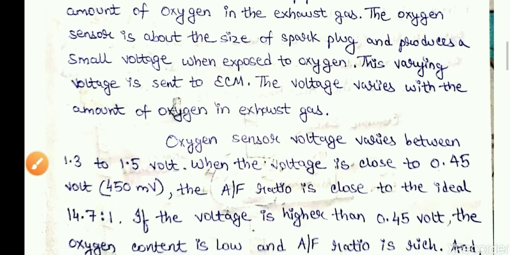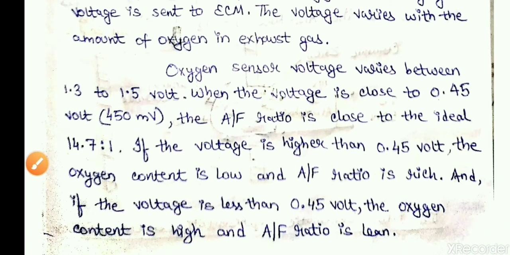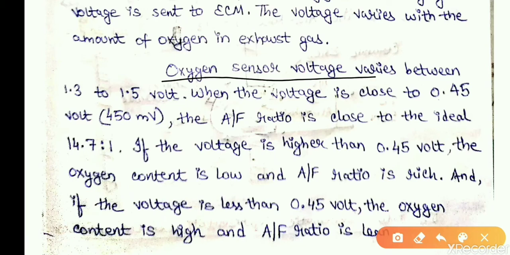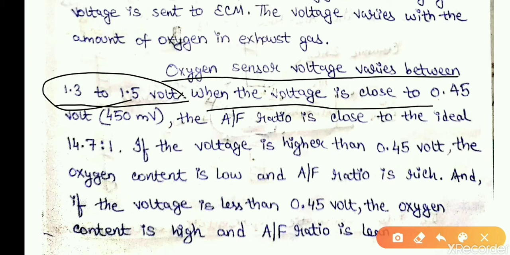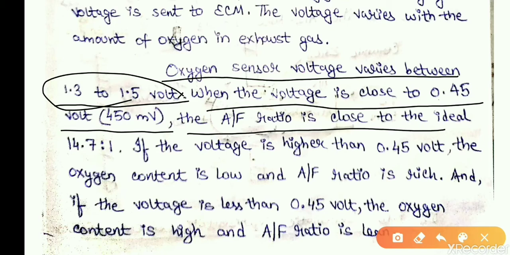Okay, so in the next paragraph we see that oxygen sensor voltage varies between 1.3 to 1.5 volts. So this is the amount of voltage that oxygen sensor produces. When the voltage is close to 0.45 volt, that is 450 millivolt, the air fuel ratio is close to the ideal 14.7:1.